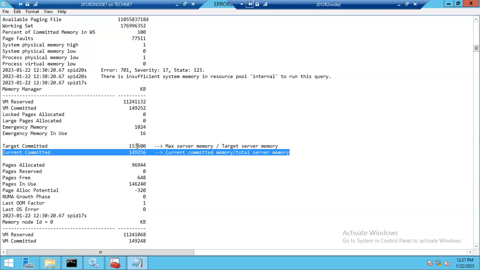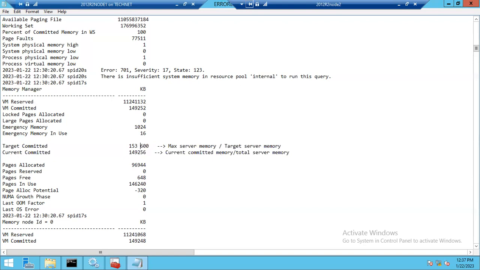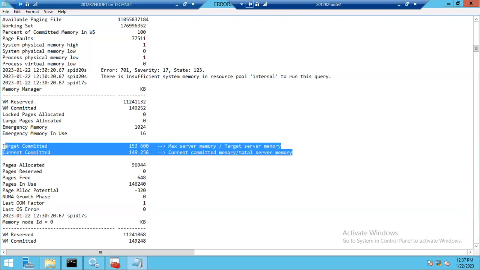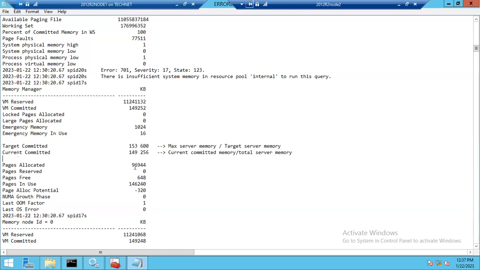So the memory I allocated to the SQL Server is 156 MB, out of which I have committed 149 MB, almost all committed, but it needs more memory than available to log into the server or start up the services. 153 MB is very low, in fact, right?